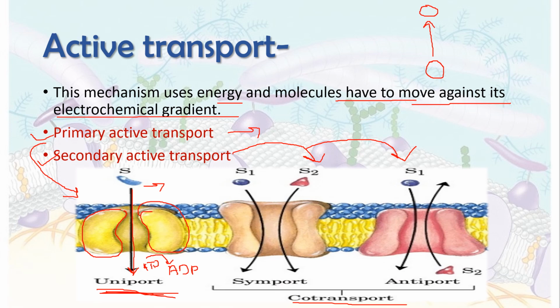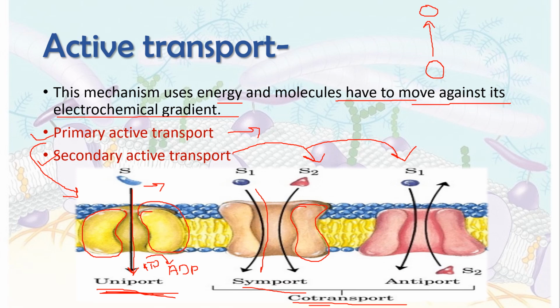So in co-transport, if two molecules move in the same direction like this, they are known as Symport, and the protein that performs this Symport transportation is known as Symporter.